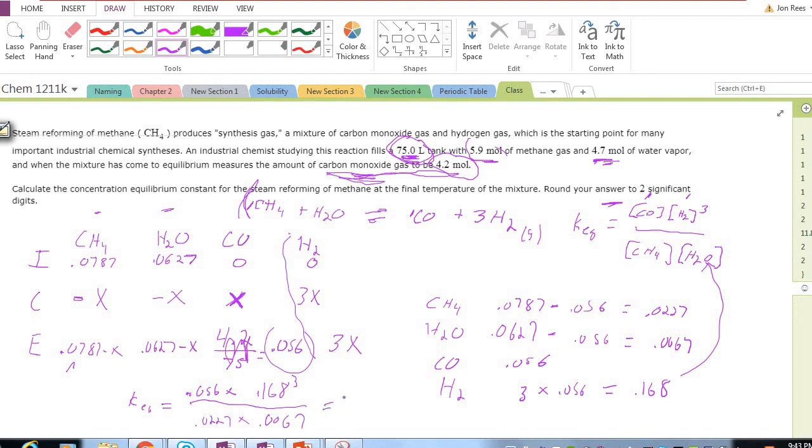So when I do that math, with 2 sig figs I get 1.8, which is my equilibrium constant.